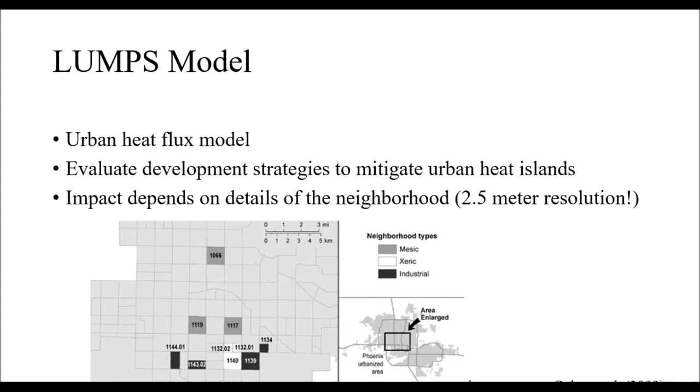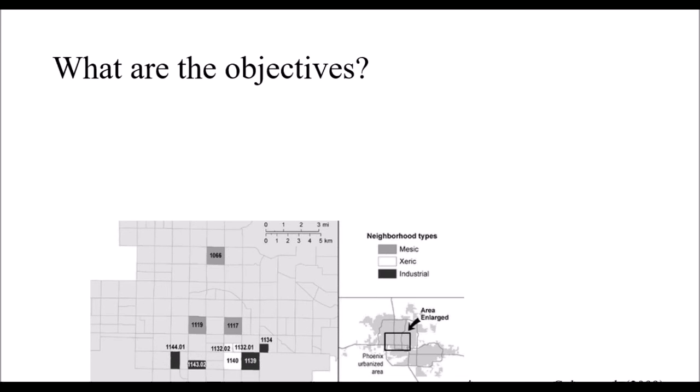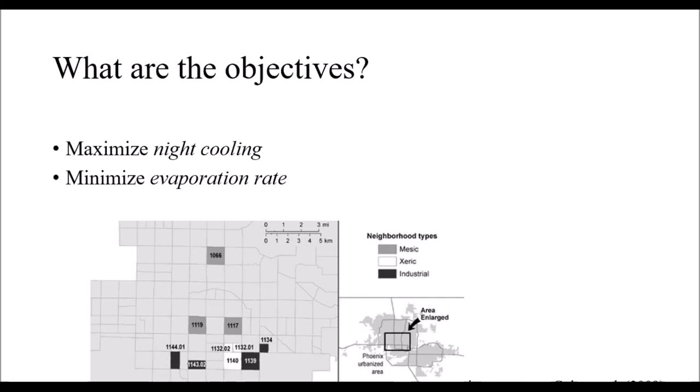So the objectives, starting with value-focused thinking, the objectives in this decision problem, upon conferring with experts on this problem, are that, as I mentioned, they want to maximize the amount of night cooling that happens as a result of whatever development they do, and they want to minimize evaporation rate, so loss of water.